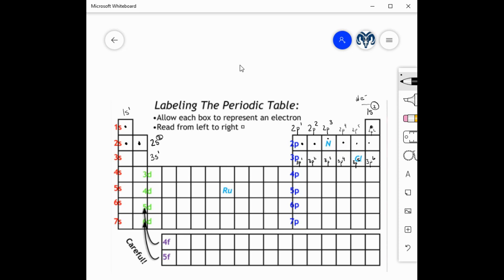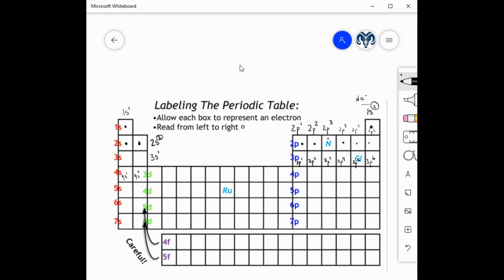After 3p6, we're going to come down here to the fourth energy level. So this is 4s1, 4s2. But now we run into the D.